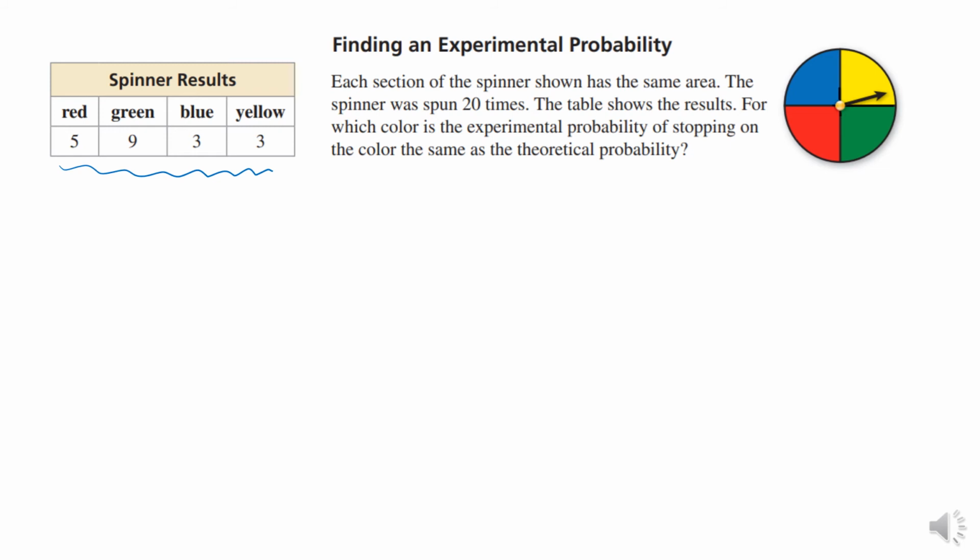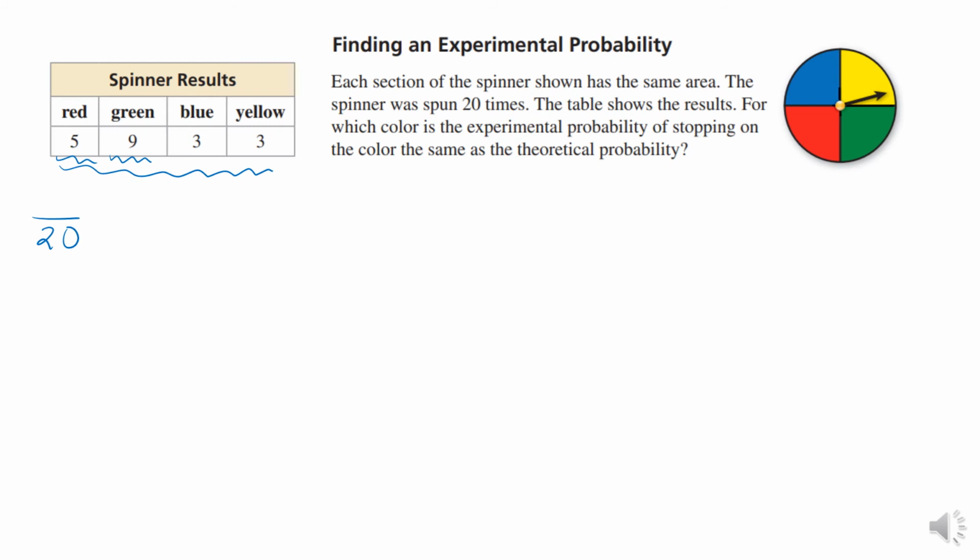So looking at this, we got these results. Now that we have these results, finding the answers is very specific because we have our total, but we also have the exact answers. So the table shows the results. For which color is the experimental probability the same as the theoretical probability?